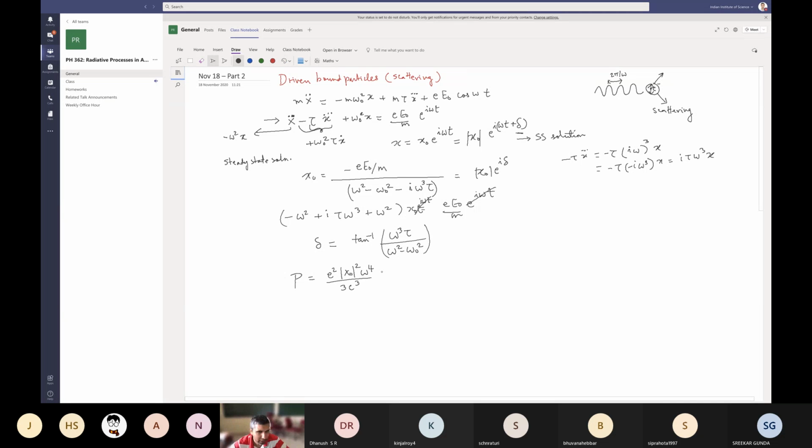The factor 2 goes away because we are averaging over a sine squared variation. So this 2/3 e squared a squared by c cube becomes 1/3 because you're averaging over sinusoidal oscillations.